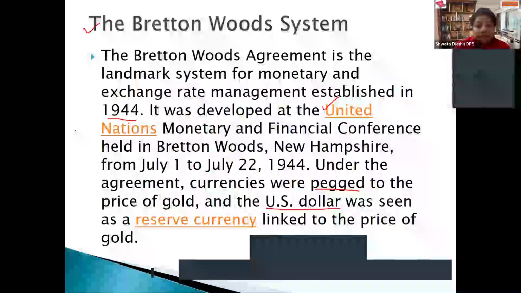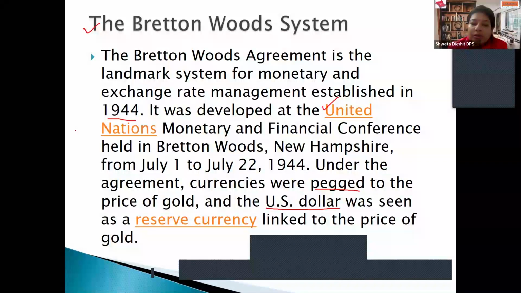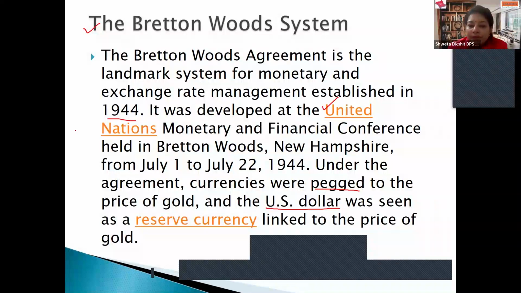That means if $1 could be purchased with 100 rupees and $1 could be purchased with 10 pounds, then 100 rupees becomes equal to 10 pounds. This is how the exchange rates were fixed, pegged against the US dollar.